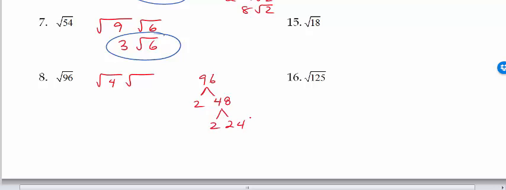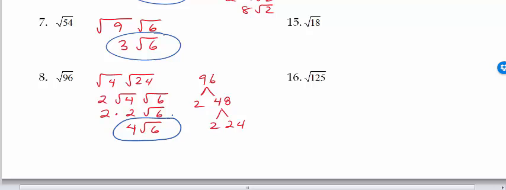So, 96 is 4 times 24. Trying to think through this in our heads, 24 breaks down into 4 and 6. So we have 2 times 2 times root 6, which is 4 root 6. If we had known that 16 had gone into 96, we could have approached it that way, but you can take a slower route and break it down step by step if that's helpful.